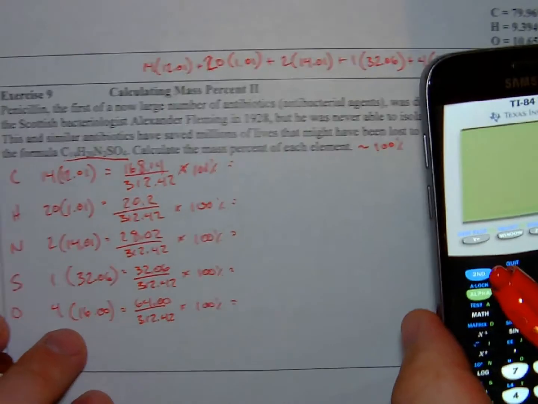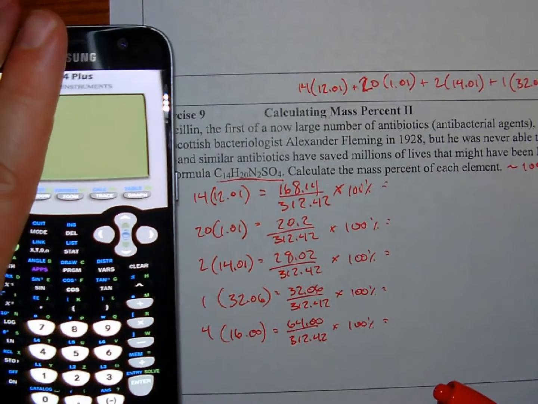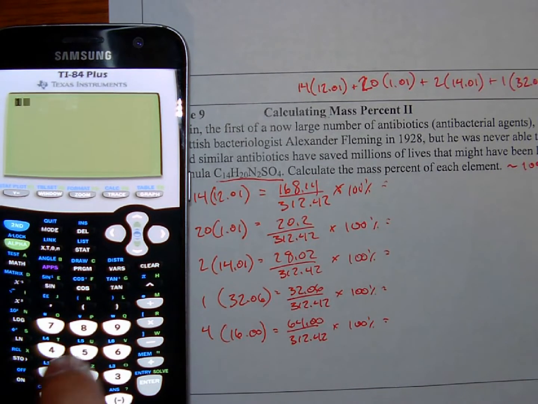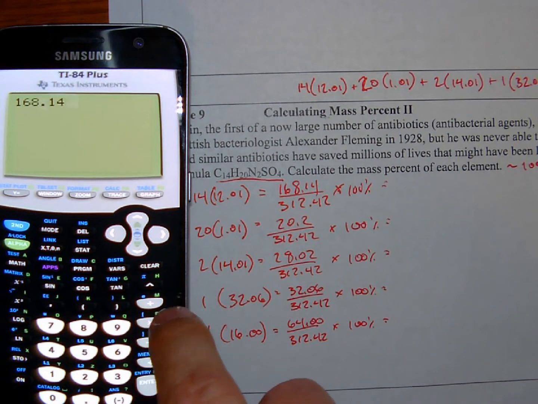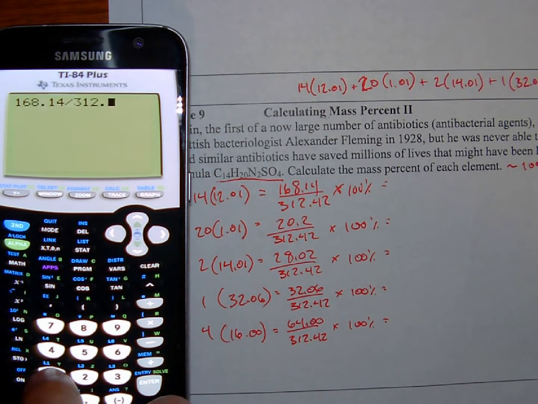So now let's do some calculations. Move paper over here. So first thing, carbon. 168.14 divided by... already messed up. Messed up again.